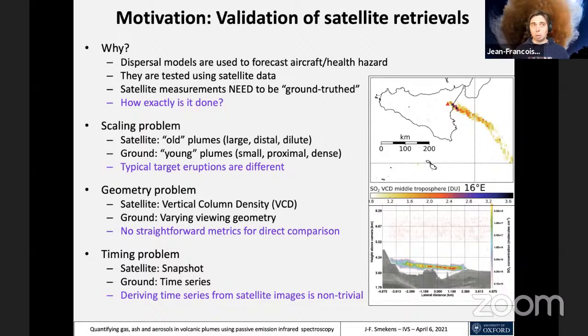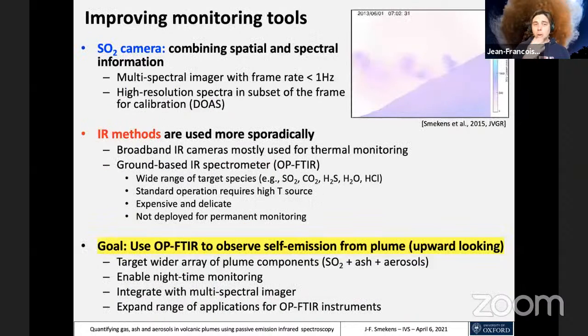And so this is another motivation to improve retrieval methods and provide more metrics for comparison, maybe more direct metrics for comparison.